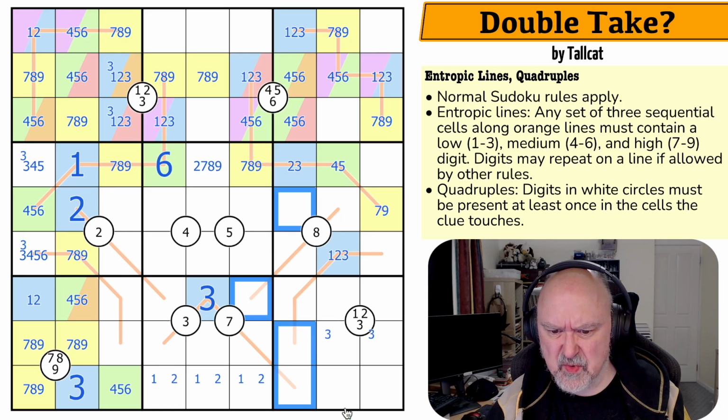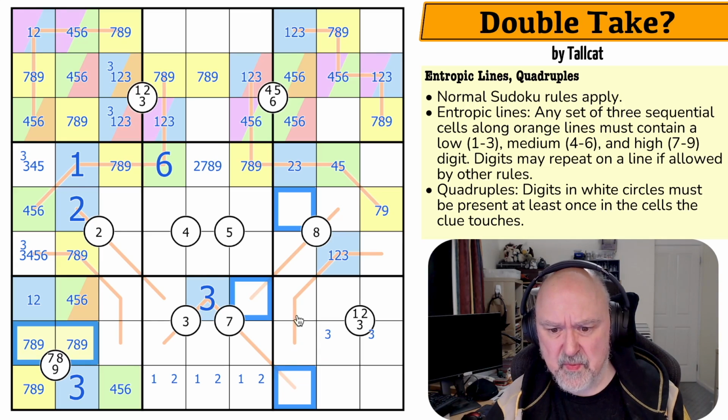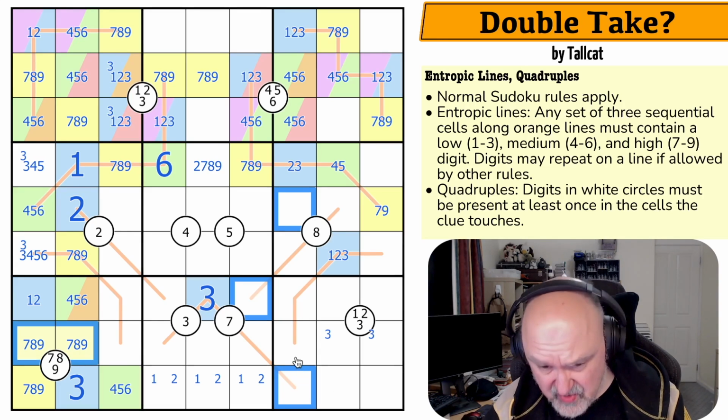And then 7 would be down here. No, 7 would be here. 7 in one of those two puts 7 there, 8 there, and 7 there. And then it would be a 9 on this line, which is interesting.